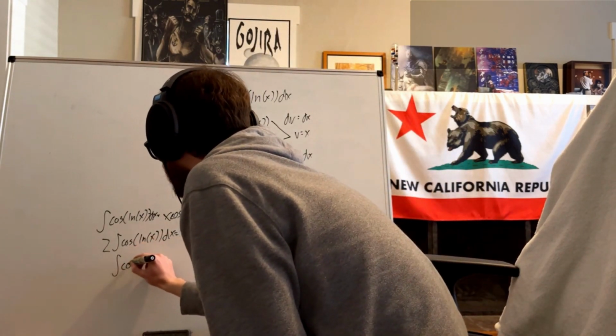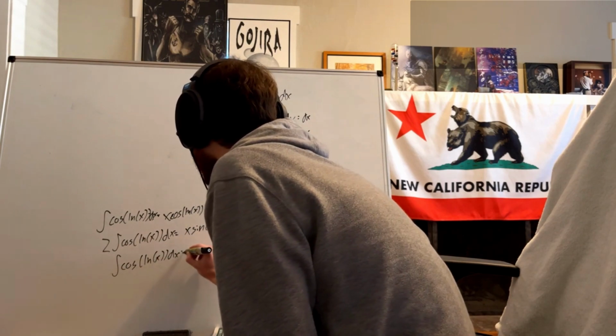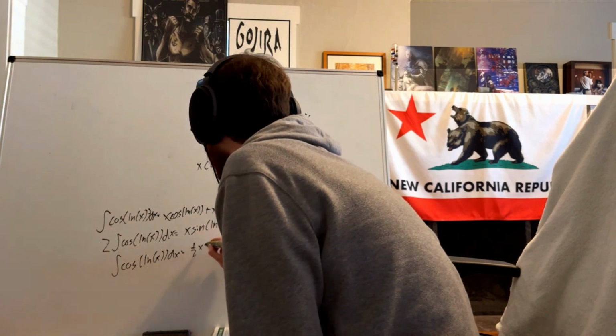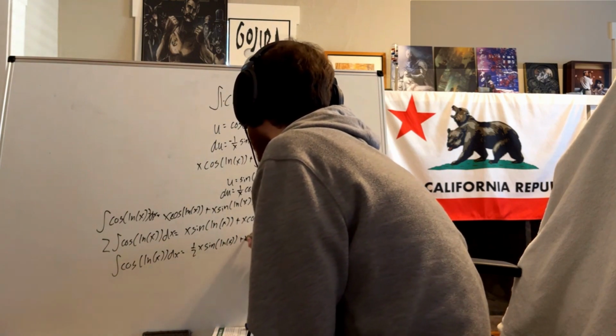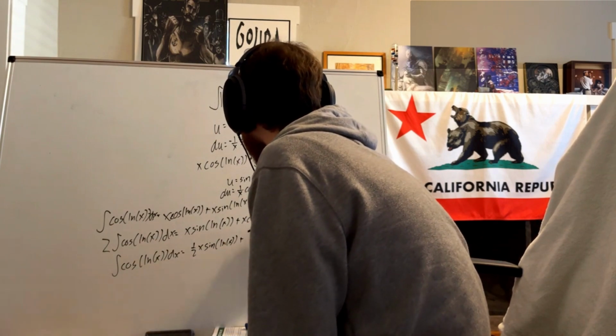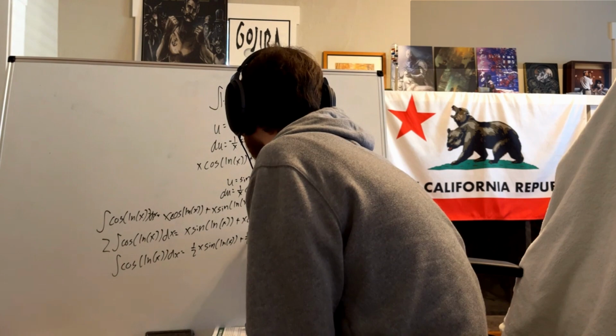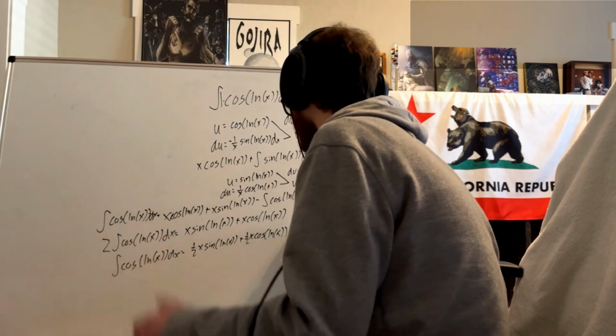So the integral of cosine of ln x dx is equal to 1/2 x sine ln x plus 1/2 x cosine ln x, technically plus c.